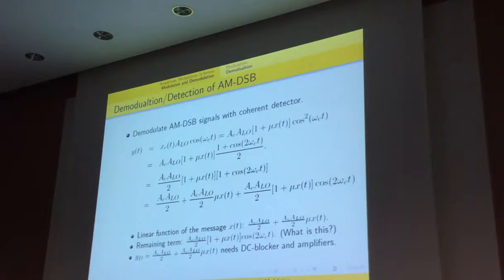According to the diagram, x_c(t) is multiplied with a local oscillator: A_c times bracket 1 plus mu x(t) times cosine omega_c t, then multiplied with A_LO cosine omega_c t. A_LO is a constant. Because we have two cosine omega_c t terms multiplied together, we have a square.